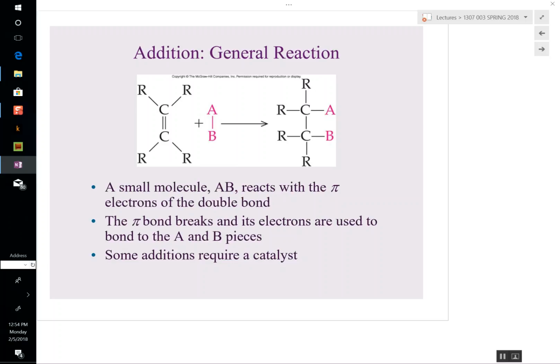These elements are all diatomic molecules. This is the way they exist as an element. Neon doesn't do that. Neon exists as a discrete atom. It's not Ne2. It doesn't bind to itself. But for various reasons, these all bind to themselves and form diatomic molecules.